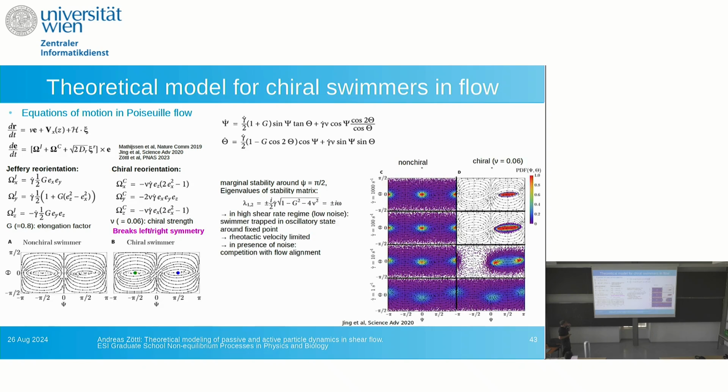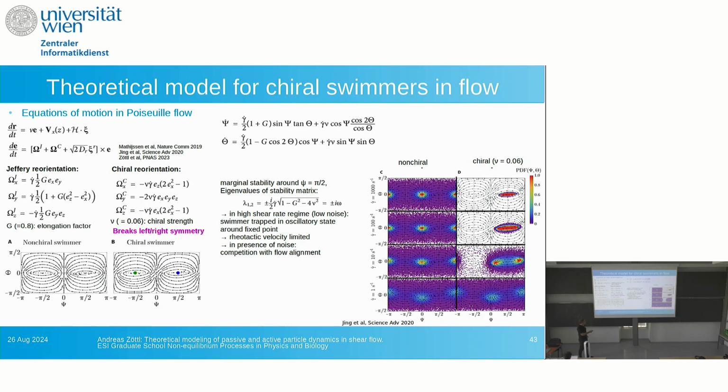And I think this is the final plot I want to show. Once more, these probability density functions. Now we compare a non-chiral particle with a chiral one. The non-chiral one, as we have seen before, tends to be oriented with the flow, a bit less so when the flow becomes weaker, because noise is stronger and it flattens out more.